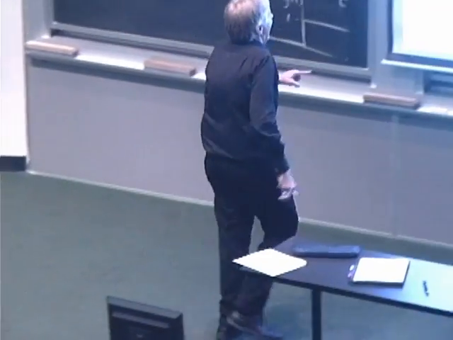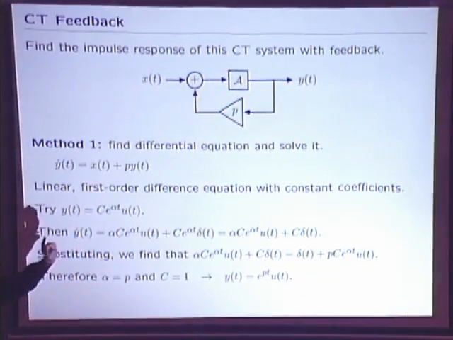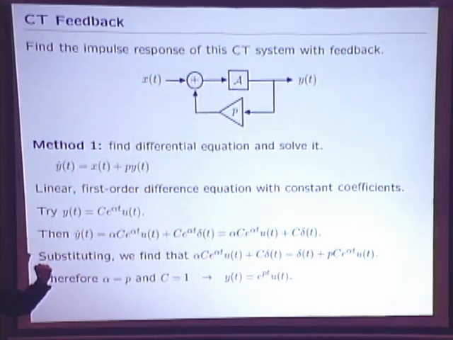And we will prove later in the course that all systems of this class, where I haven't really defined what this class is, but if you made a system out of adders, gains, and integrators, and only those parts, then that system will always be linear, and the solutions can always be written as complex exponentials. We'll prove that later. I'm not going to bother with it now.